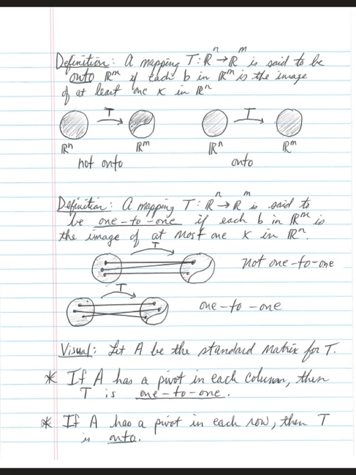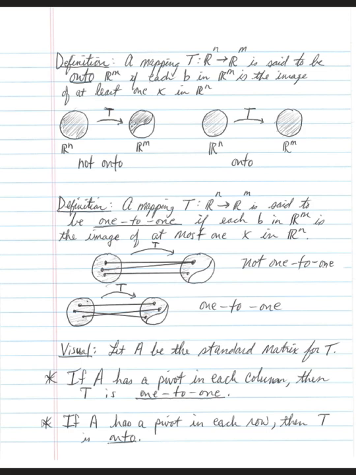If it's onto, then the images of the domain will completely cover the space over here in the codomain. Onto covers them all, not onto covers some but not all.